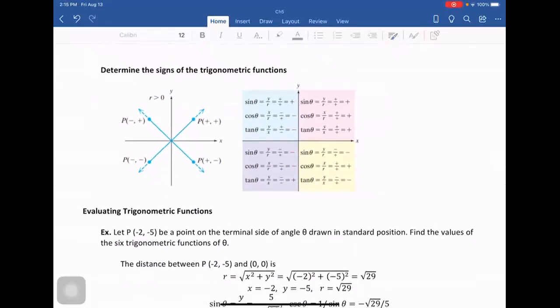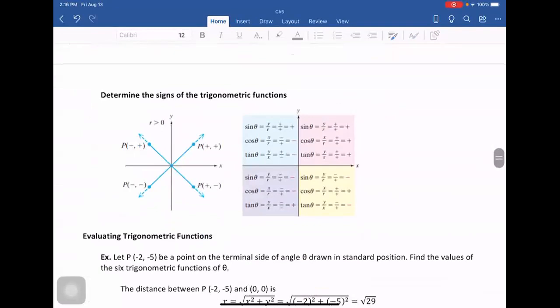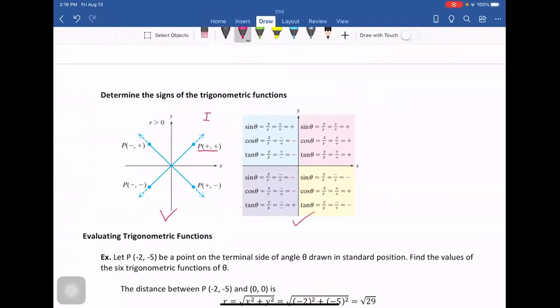Determine the sign of the trig functions. We use these 2 tables to show you because we know the point's location. There are 4 quadrants. In the first quadrant, the coordinates are always positive, so the x value is positive and the y value is positive.